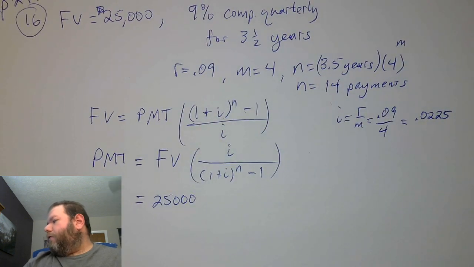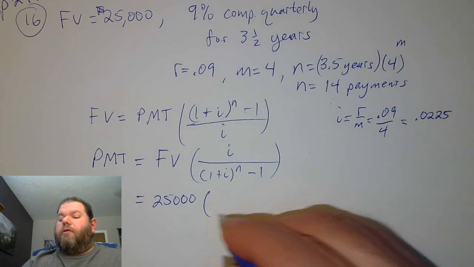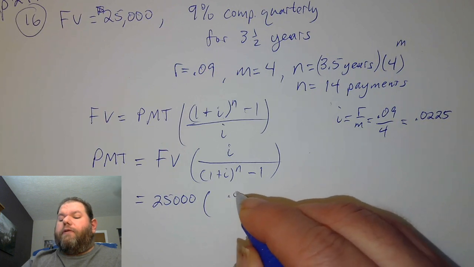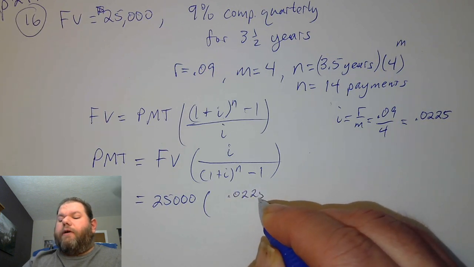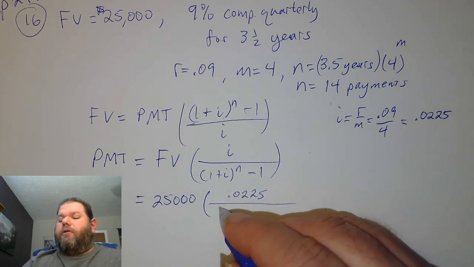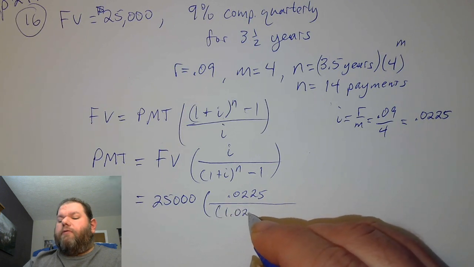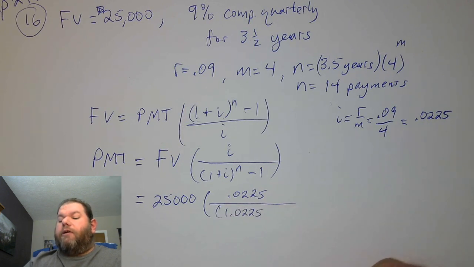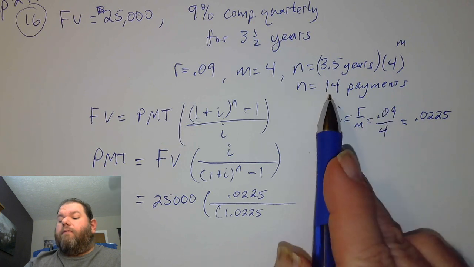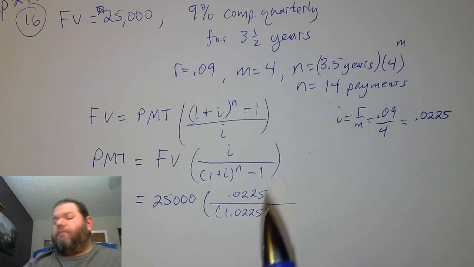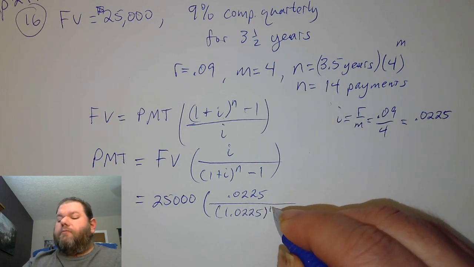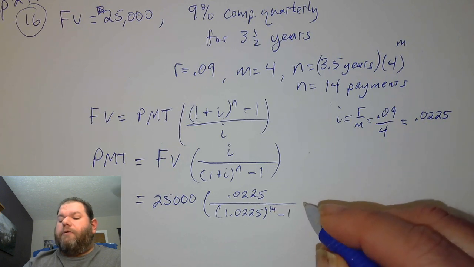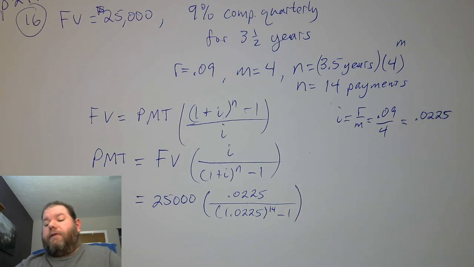So 0.0225 over 1.0225 to the 14th power minus 1, close parentheses.